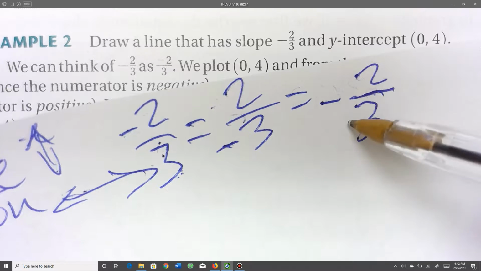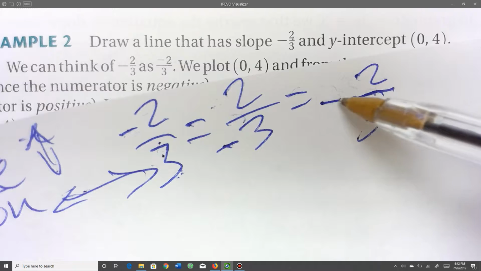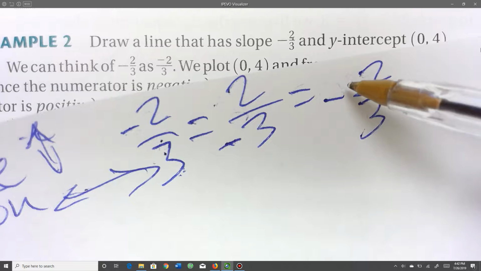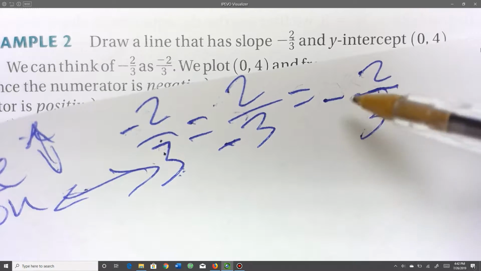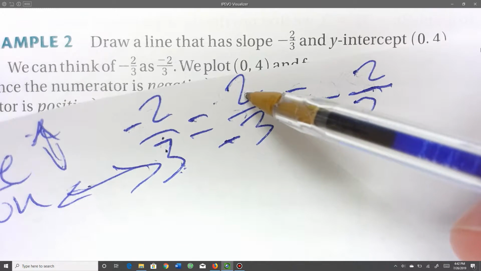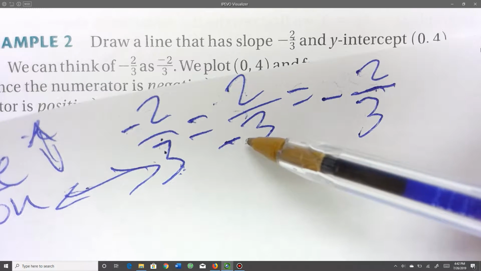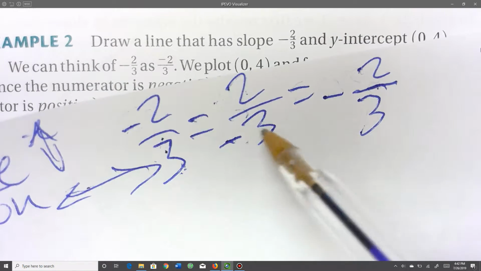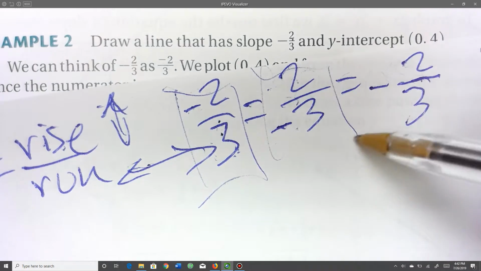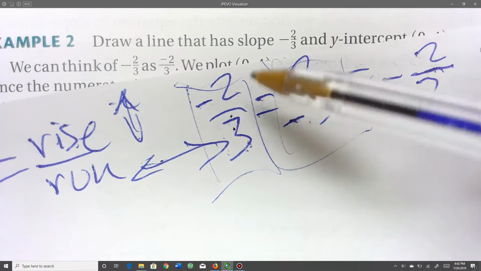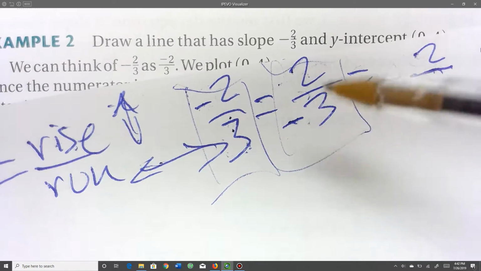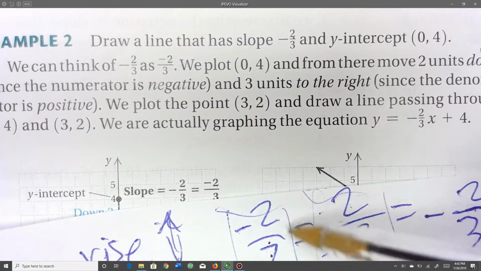If you divide two positives, you get a positive, but that's not what you have here. You have a negative. So you need to think of this as either a -2 and a +3, or a +2 and a -3. It doesn't make a difference which one you choose. We can plot the slope with either of these two, so let's go ahead and try this one first.